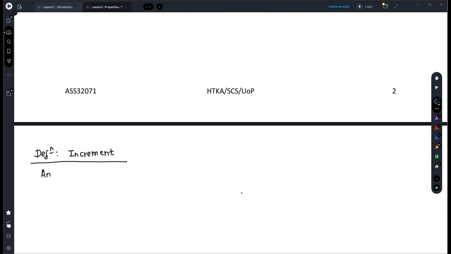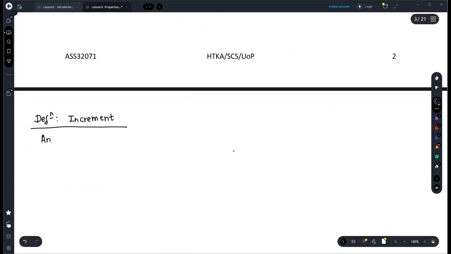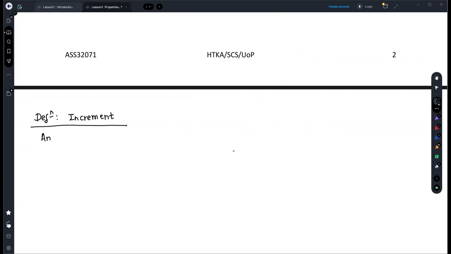So now you see these are stochastic processes, right? They roll over the time and the increment is a stochastic process.